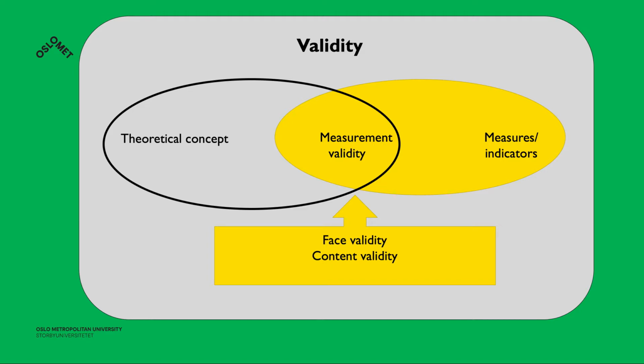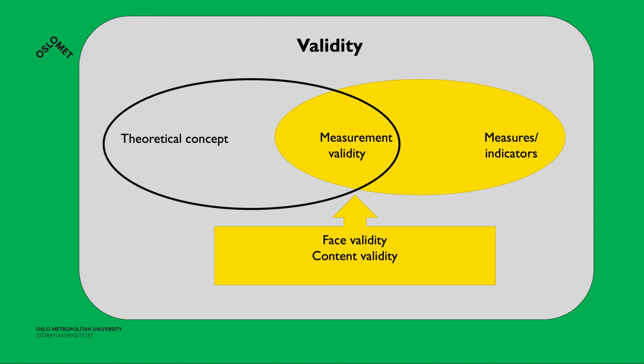You have to discuss this, and there are no totally right or wrong answers to this. It's really about discussing, with these questions, are we able to measure what we want to measure?